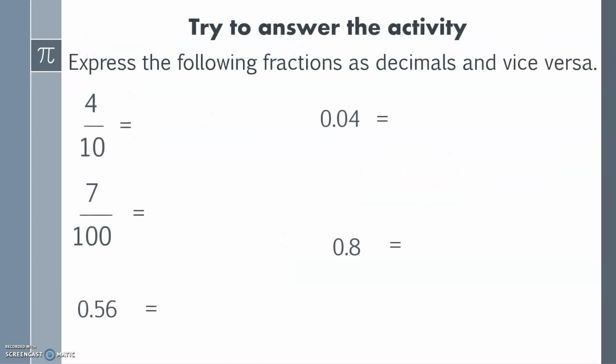Okay, now try to answer the activity. Express the following fractions as decimals and vice versa. So 4/10 is equal to, correct. Next, 7/100. The answer is correct. Next, we have 0.56 or 56/100.